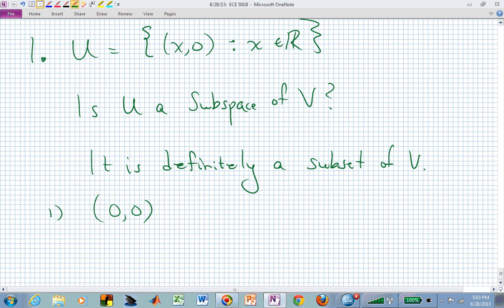X can be anything on the real line. So we could pick X to be 0, and we could put that 0 right here for X, and that gives us now our additive identity.